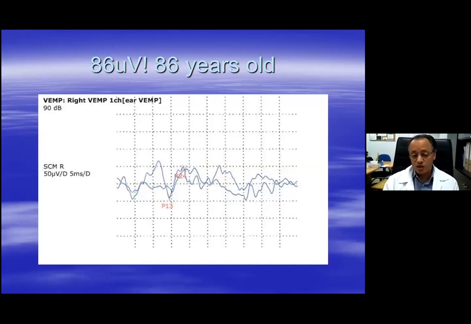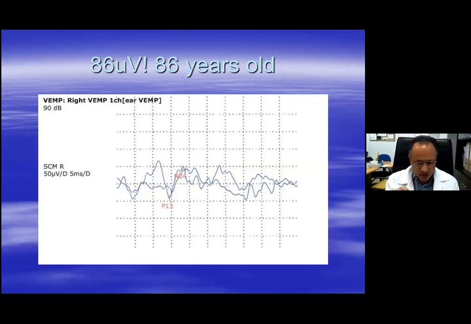I even have a case of 100 microvolts in a patient close to 75, 80 years old. And this has been mentioned in the literature on many occasions. There are reports of such publications that I can send to you, where the trick is minimum contraction.